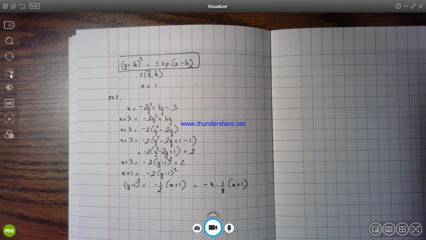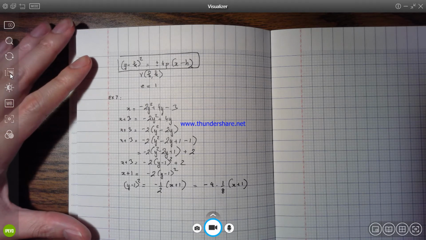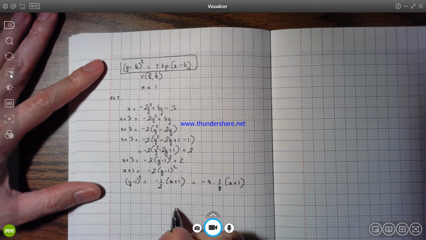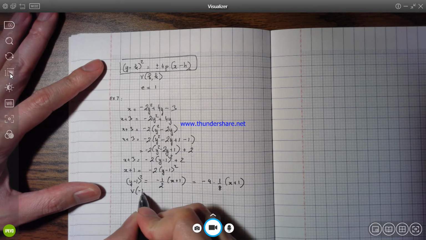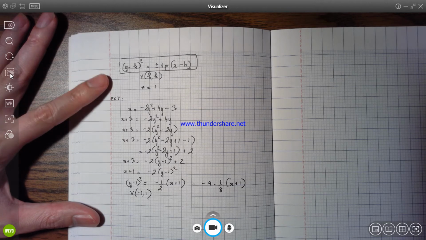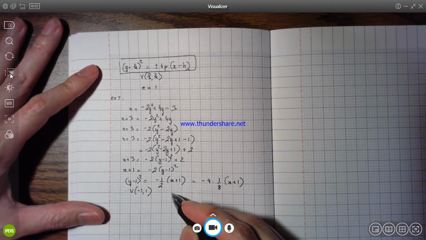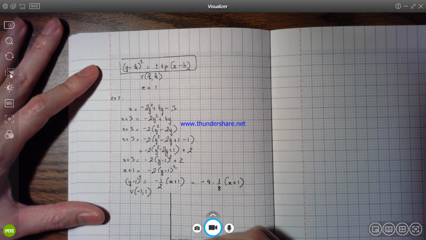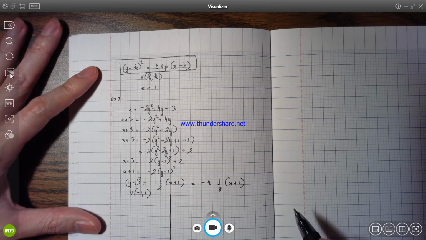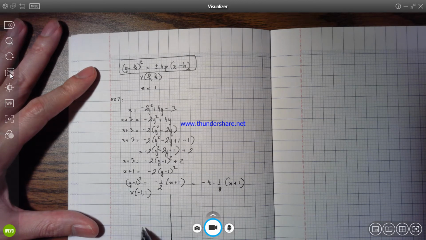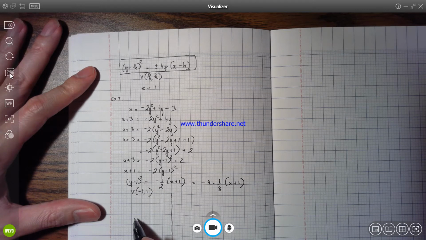Alright, so from here I can get the vertex. So the vertex will be negative 1 and 1, right? Negative 1 and 1. Then we can sketch it so that we can write the coordinates for the focus and the directrix. So we know this is going to open to the left, so it must be something like this.